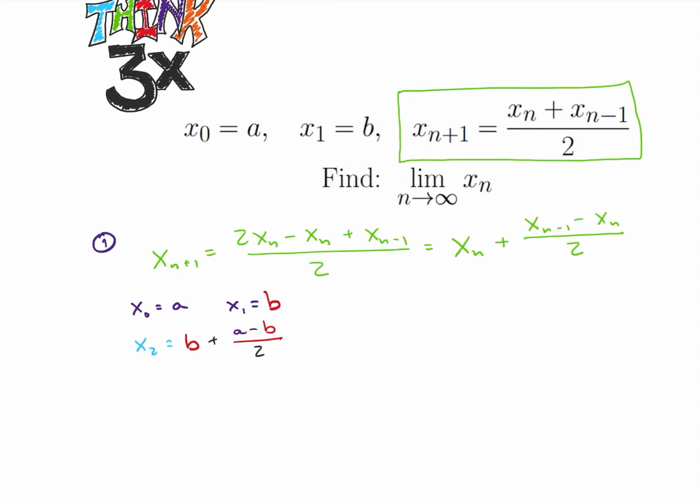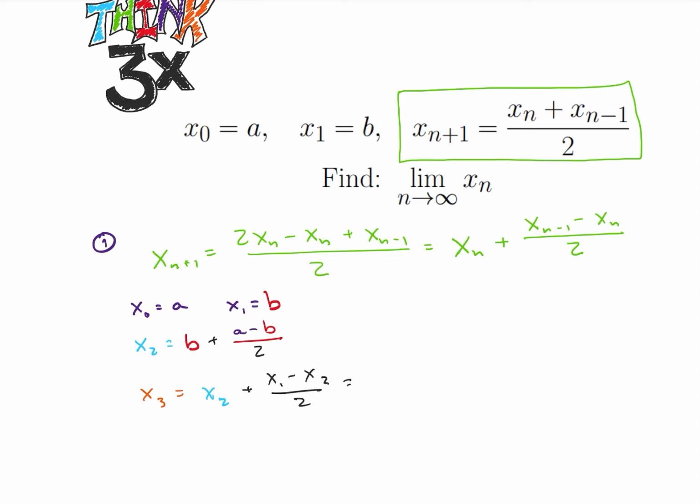So now that I have that term, I'm now going to have my x3 term. To calculate x3, my x3 term is going to be x sub 2 plus the difference, the x sub 1 term minus the x sub 2 term, so x sub 1 minus x sub 2 over 2.